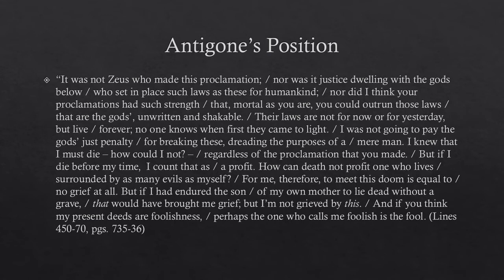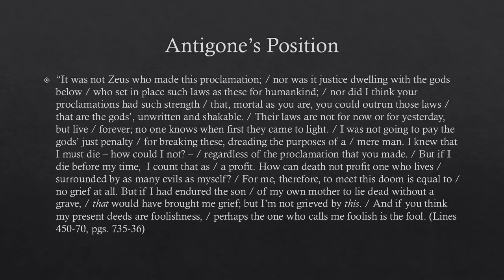So there's a few important things going on here. In the first few lines, she says it was not Zeus who made this proclamation. Through the next few lines, she's talking about the laws of the gods. The gods say people must be buried properly. Creon, by making a law that says we don't bury traitors properly, is defying the gods, but he's making a law that he thinks will benefit the people of his city, of which he's now king.